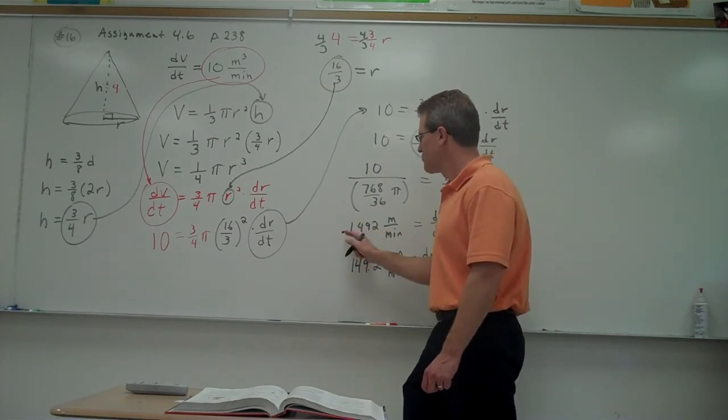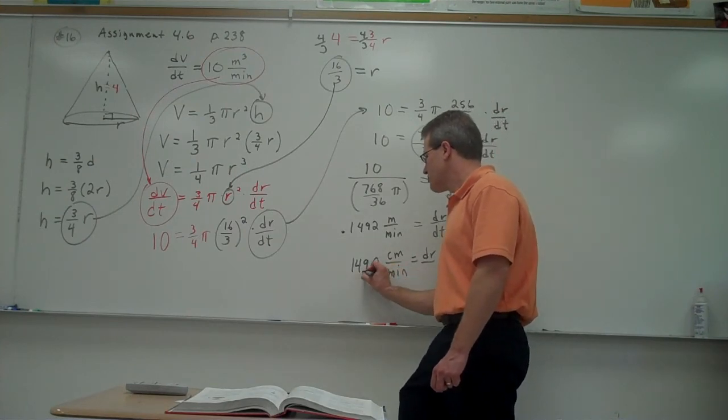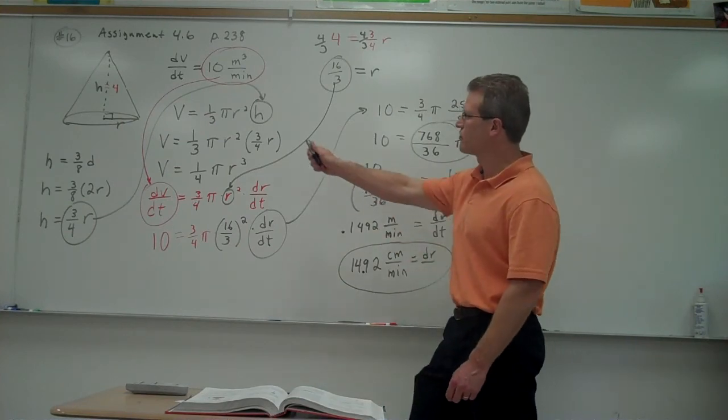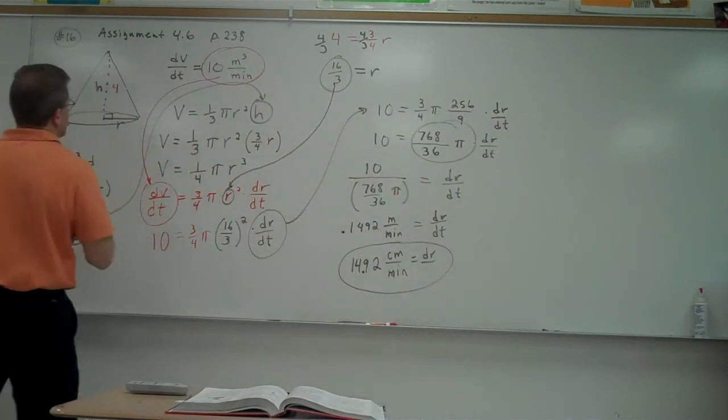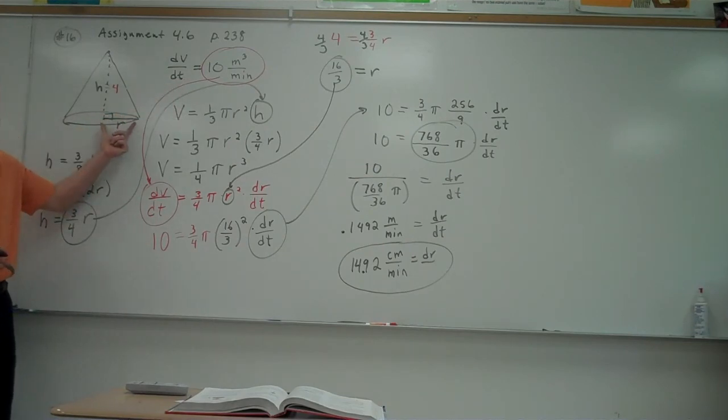Move your decimal 2 to the right, so it'll be 14.92 centimeters per minute. So when this pile is exactly 4 meters high, and sand's coming on at 10 cubic meters per minute, the radius at that one moment in time is getting bigger at 14.92 centimeters every minute.